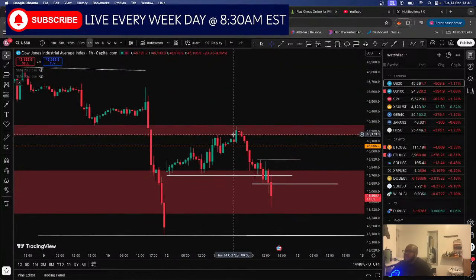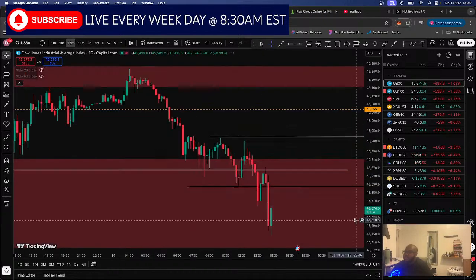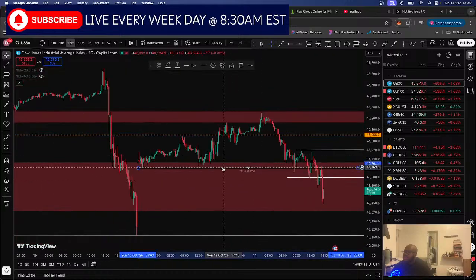I am looking for buys, but this candle really needs to push all the way up, get us back above, at the bare minimum, our previous day's lows, which is this one.